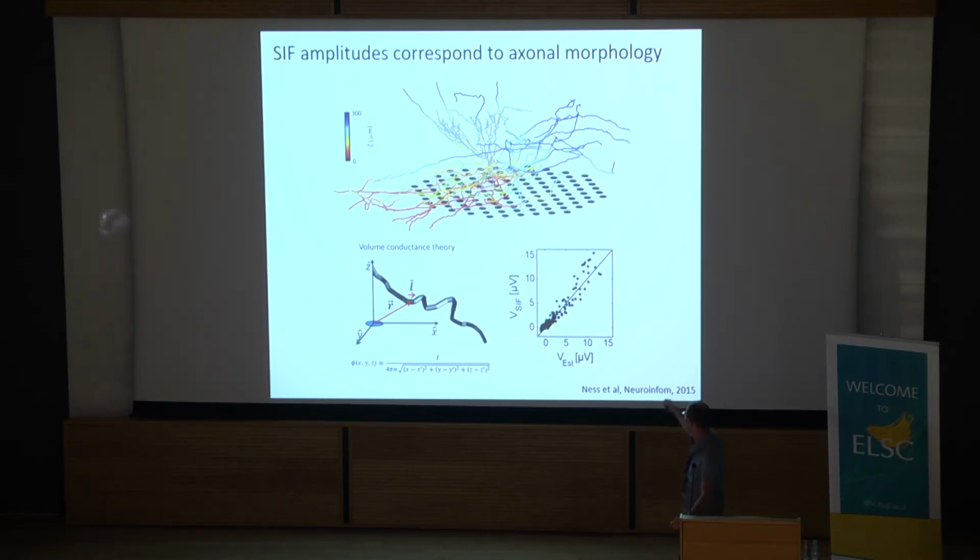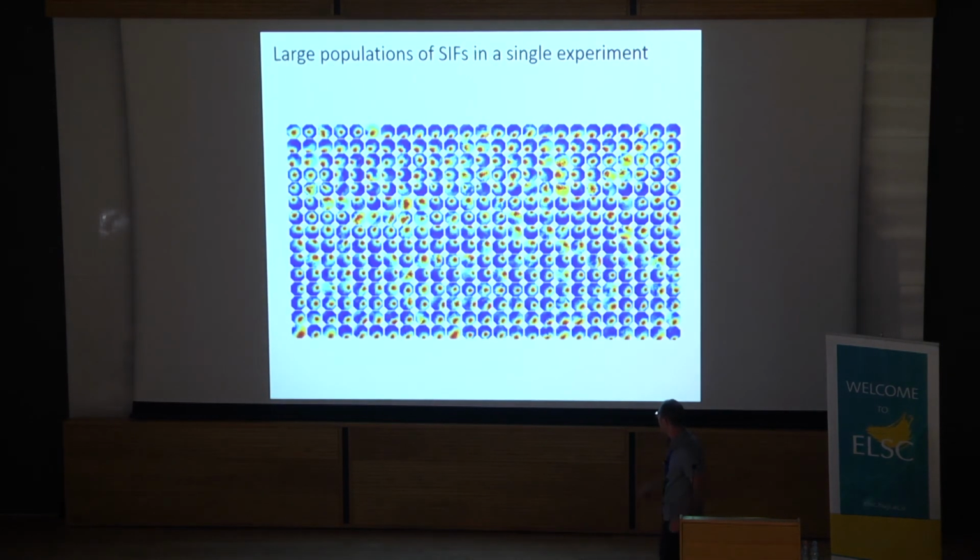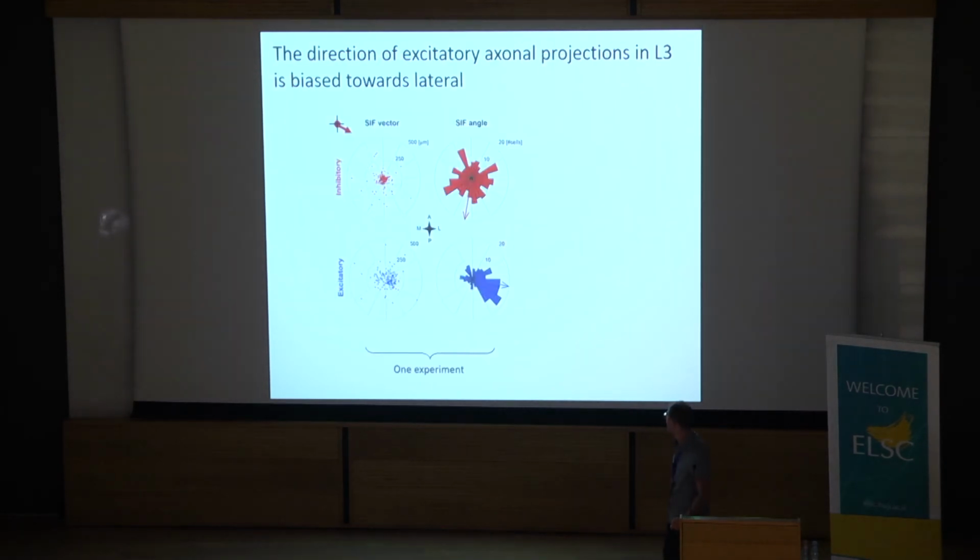And you can see that there's a very good fit, which really convinces us that what we're seeing is basically a signature of the axon of this neuron, or actually the functional part of the axon, so the postsynaptic currents of the neuron. And in any given experiment, we have hundreds of these, because we record many neurons together. So we can get this information from many neurons in each experiment and do statistics. And these are the statistics.